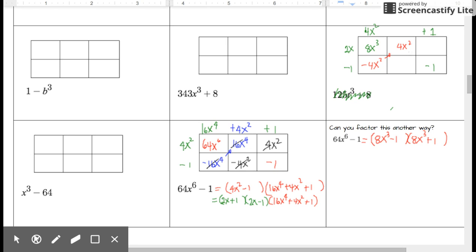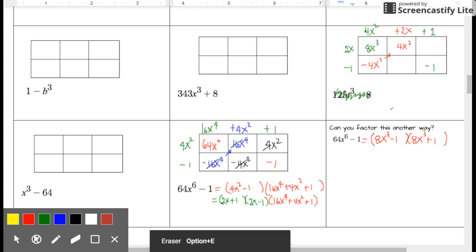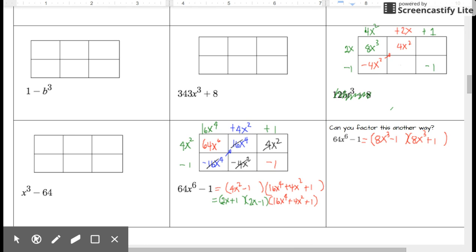And what do we multiply the 2x by to get positive 4x squared? That's going to be positive 2x. So now 2x times negative 1 is negative 2x. 2x times positive 1 is positive 2x. They will cancel each other. And so our product is just 8x cubed minus 1.